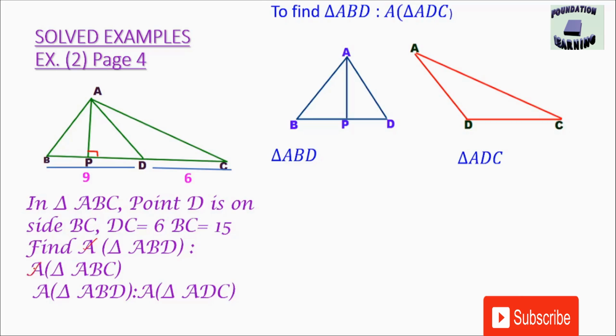Now we are going to solve the second part, which is to find the ratio of the areas of triangle ABD upon triangle ADC. So first we'll take the triangle ABD. In ABD, the base is BD and the height is AP.